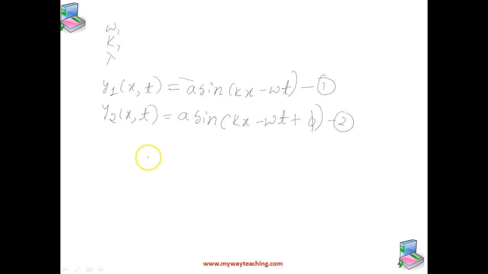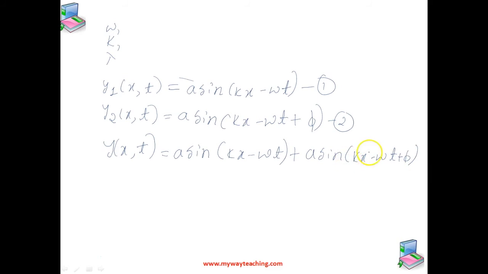So the net displacement, by the principle of superposition, is the algebraic sum of these two waves, y1(x, t) plus y2(x, t). So y1 is a sin(kx - wt), and y2 is a sin(kx - wt + phi), isn't it?